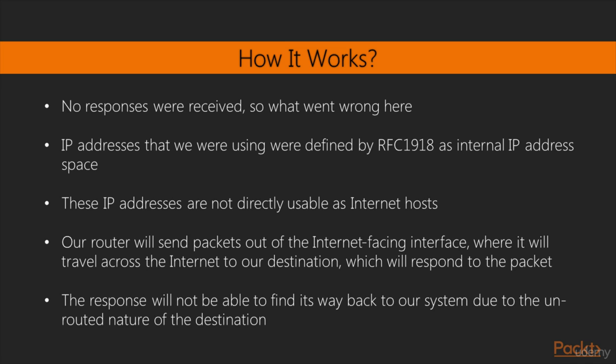The response will not be able to find its way back to our system due to the unrouted nature of the source. Or, our router will send the packets out of its internet-facing interface, where the next hop will drop the packets due to implementing egress filtering of traffic with invalid source addresses.